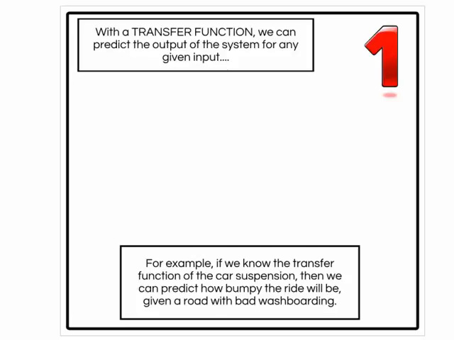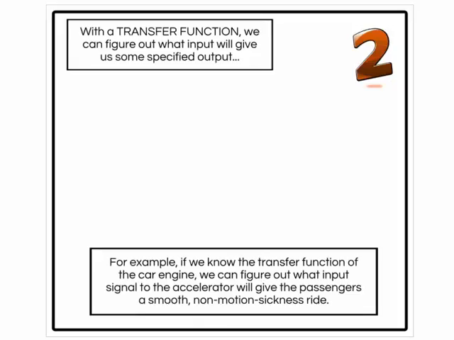For example, let's suppose we know the transfer function of the car's suspension. With that transfer function, we can predict how bumpy the ride will be given a road with bad washboarding. In other words, we can use the transfer function to put in an input that represents a washboarded road, and we can calculate the forces that the passengers will experience over time.